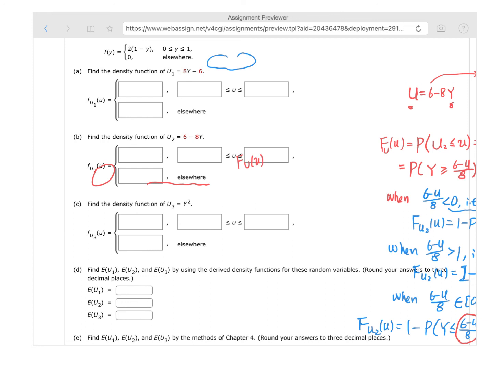And this gives me 8 on the bottom, and 2 plus u on top. Let me make sure: 8 minus 6 plus u, right? Plus u, and then square. So check that for me.